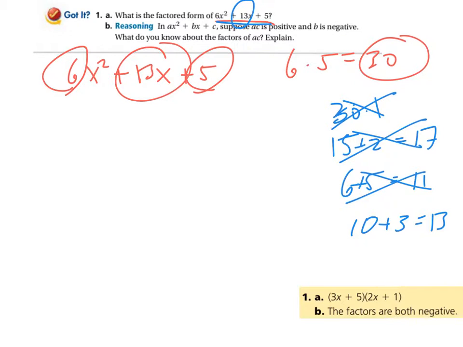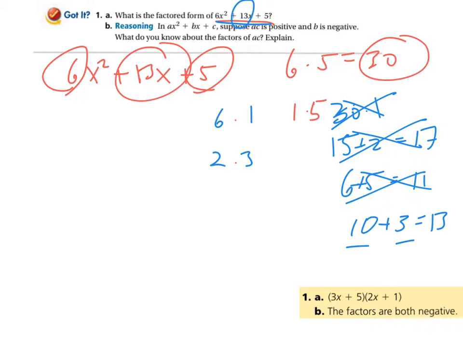So what that means, I have to start playing around with the numbers here. So now again, I'm going to create a 10 and a 3 from the factors of 6 and 5. So if I take a look at the factors of 6, 6 and 1, right, and 2 times 3, and I look at these factors of 5, well, I'm going to have 1 and 5. That's pretty much all I'm going to get.